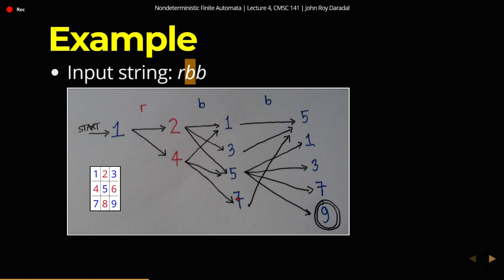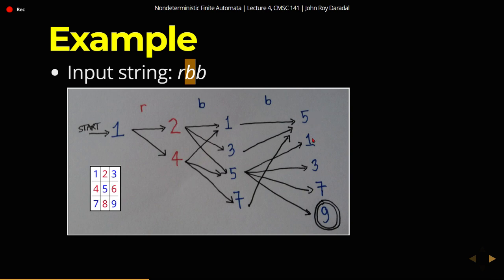And then finally, from these states, if we take a blue, so from 1 taking blue, that would only be 5. So here, 3 going on blue is also going to 5. 5 on blue will go to either 1, 3, 7, or 9. And then 7 on blue will also go to 5.